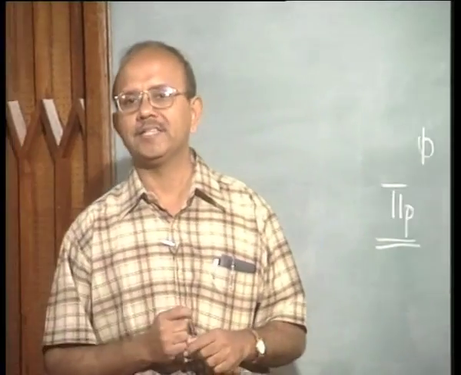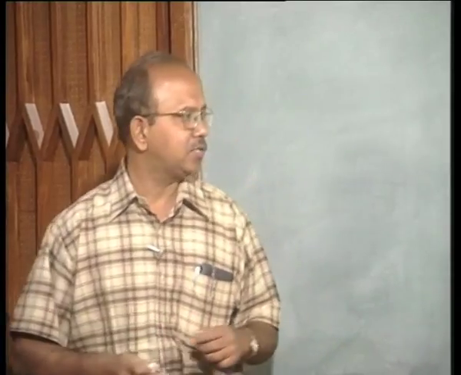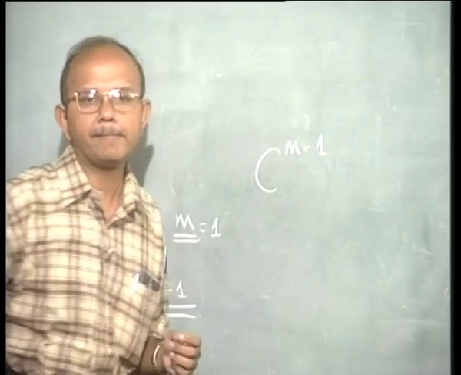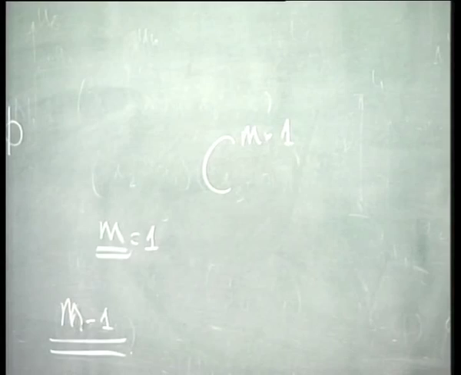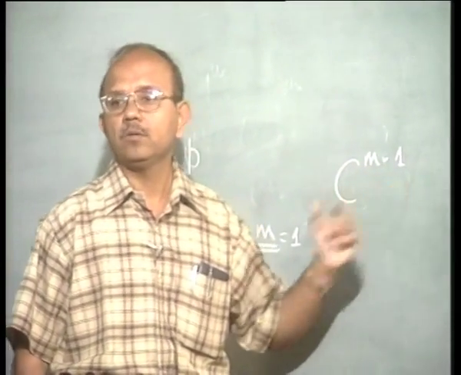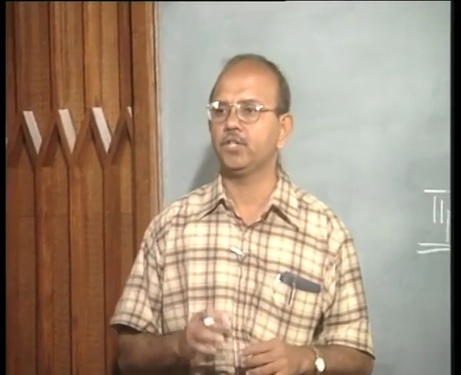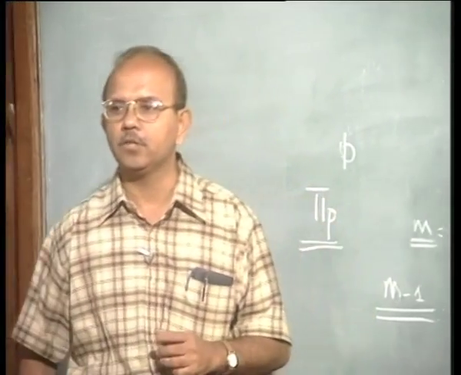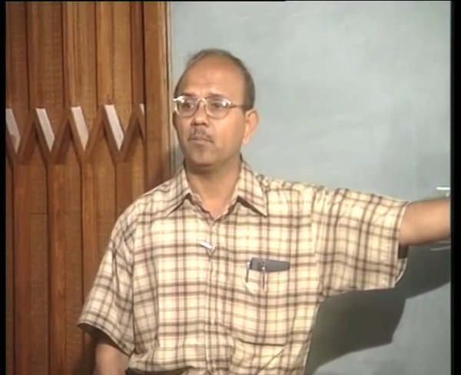Usually it is a practice to denote continuity by means of a symbol, say C, and then put it like this, m minus 1. So in other words, when my continuity is not there for the first differential, then the type of element that I am using is called a C0 element.